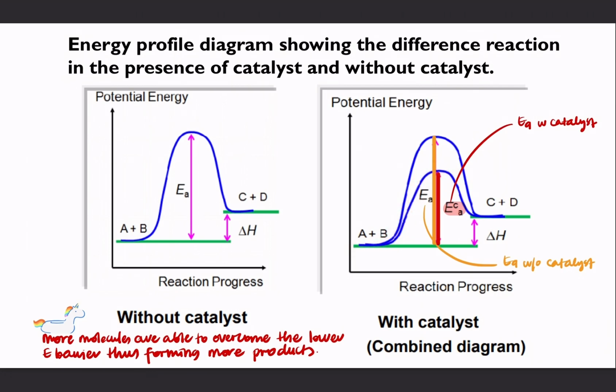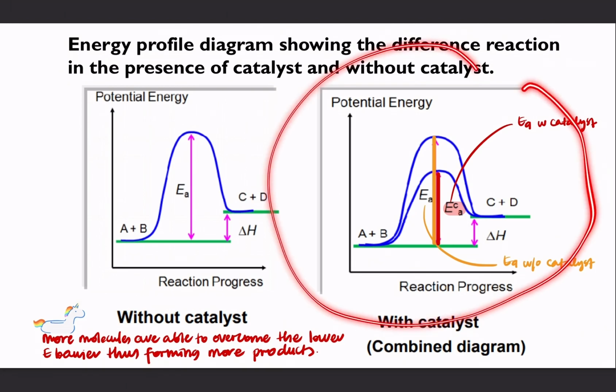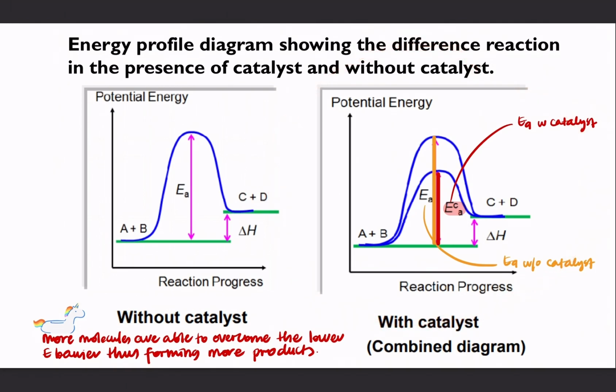Therefore, more molecules are able to overcome the lower energy barrier, thus forming more products. Make sure to label your graphs neatly when you draw your energy profile diagram. Make sure you have your product and reactant axis, delta H, and label EA with catalyst and EA without catalyst.